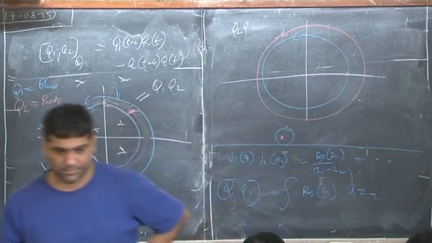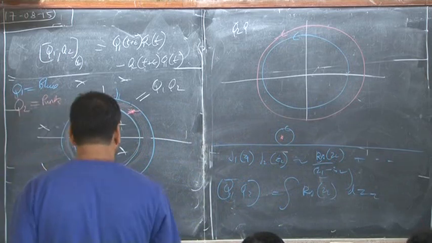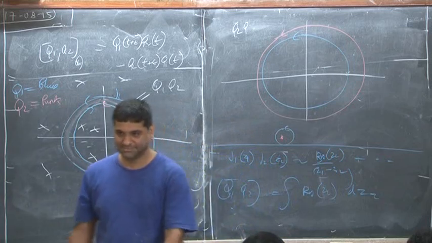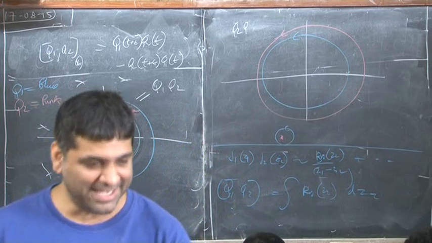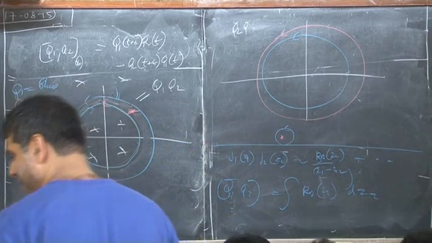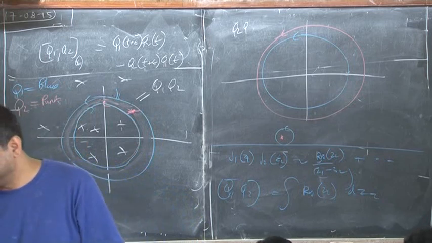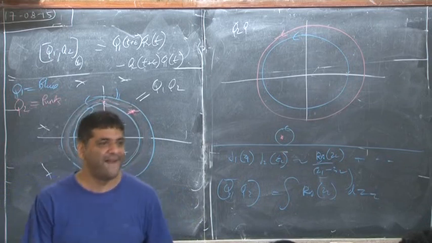If there are double poles in the J1, J2 OPE, they don't matter, because double poles integrate to 0. It's a great thing. You can have a z to the m. If m is less than -1, you don't care. If m is greater than -1, you don't care. It's only m equals -1 that gives you non-zero. It's Cauchy's theorem.